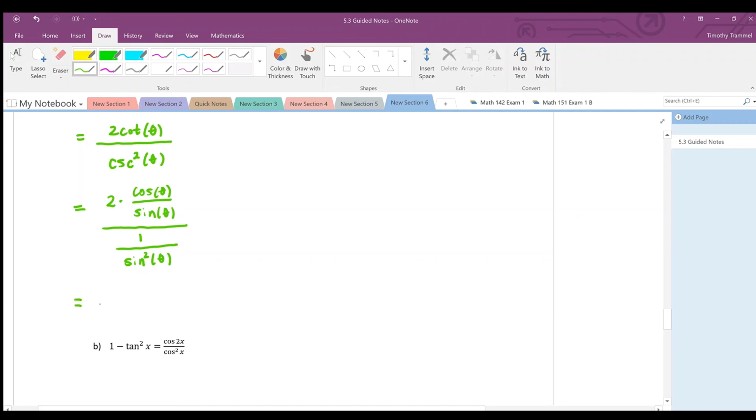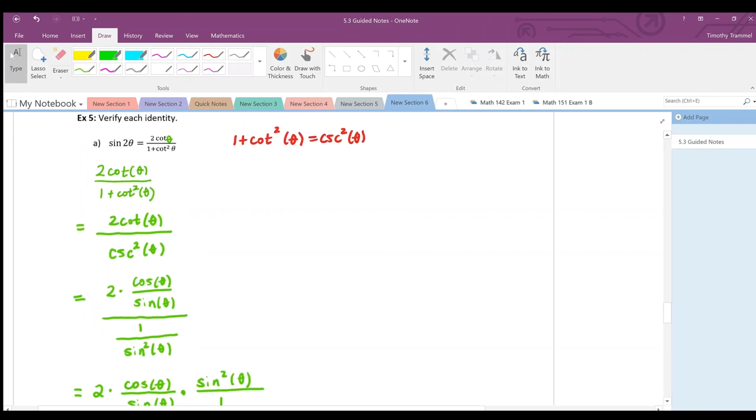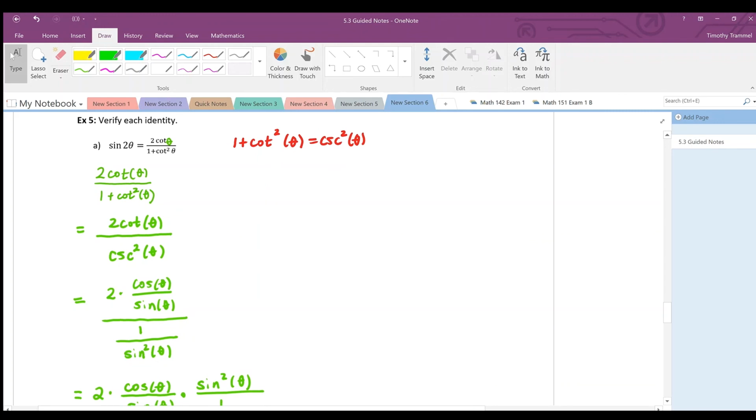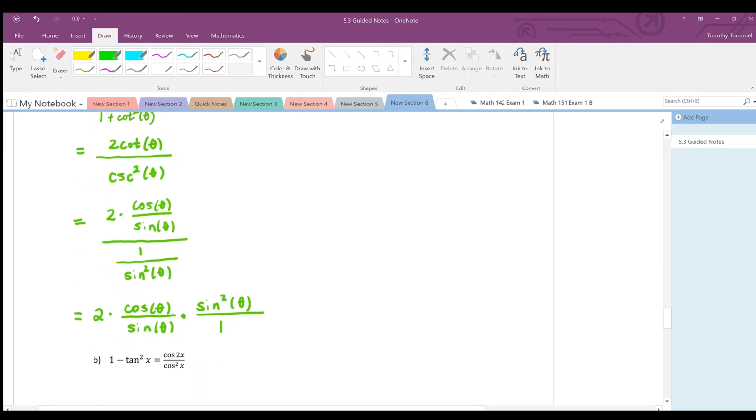So this is going to look like 2 cosine of theta all over sine of theta times sine squared of theta over 1. And let's look at where we're trying to get to. We're trying to get to sine of 2 theta. So we're probably going to need to use a trig identity that will allow us to go from an angle of theta to an angle of 2 theta. So let's keep that in mind as we continue to simplify here.